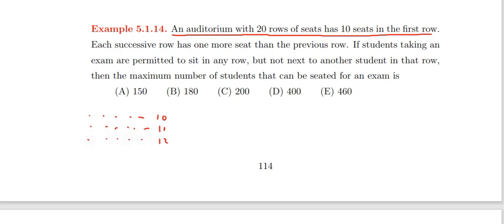So here totally we have 20 rows. Okay. So if students taking an exam are permitted to sit in any row but not next to another student, then what is the maximum number of students that can be seated?